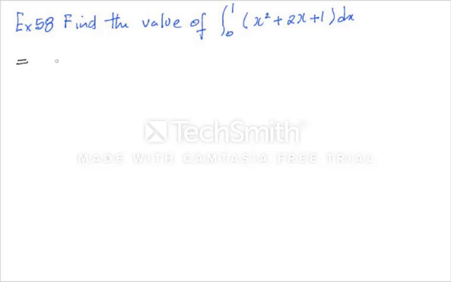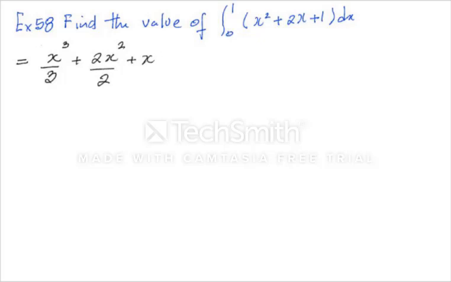If I integrate x squared, the power is going to increase by 1, and then I must divide by the new power. Same thing, I have 2x, the power increases by 1 from 1 to 2, divide by the new power 2. And if I integrate 1, I'm going to get x.